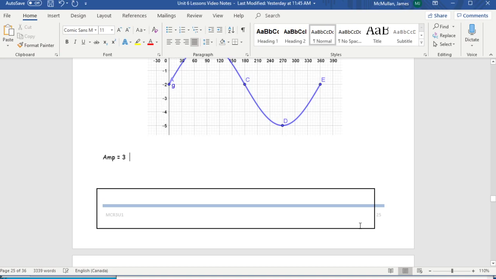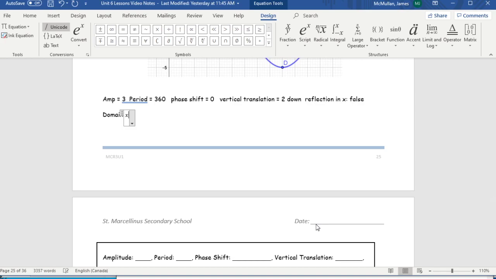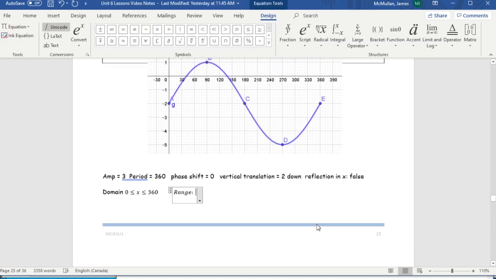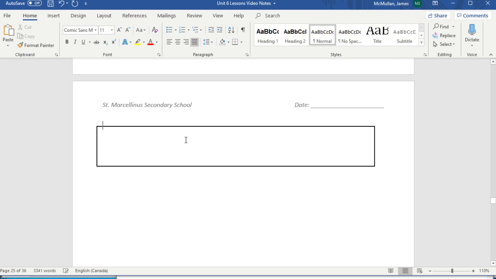Amplitude is 3, period is 360, phase shift is 0, vertical translation is 2 down, reflection in x is false, the domain is x, 0 is less than or equal to x is less than or equal to 360 because we started it at 0 and stopped it at 360. And the range is, I got the -5 was as low as we got, which is less than or equal to y, which is less than or equal to 1. Okay, so I'll do that. I'll just wipe this out.